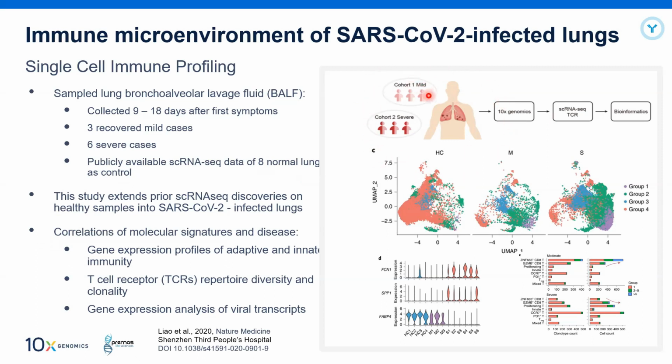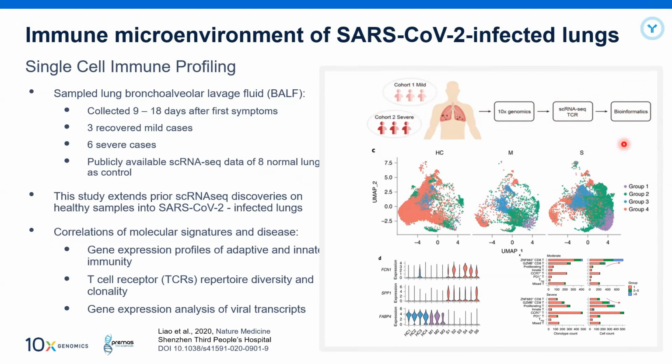This is the BAL fluid from the mild cohort and the severe cohort, and 10x Genomics was used. Single cell RNA data was generated. They also did TCR sequencing of the T cell population and did the mathematical analysis.